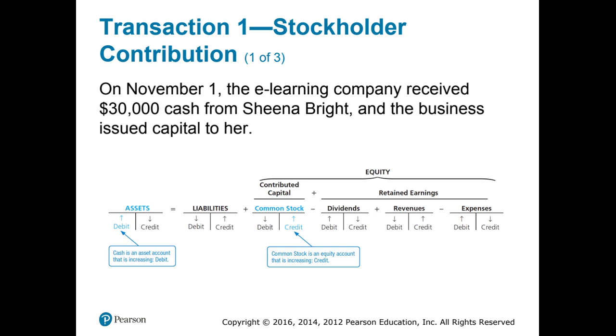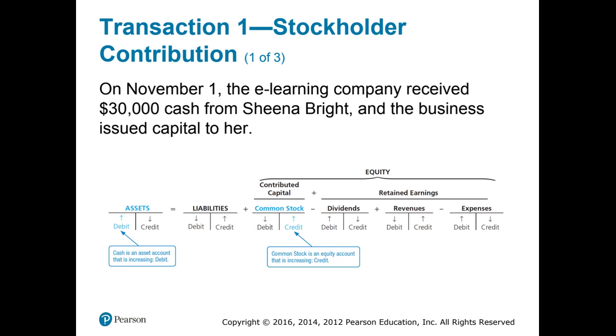Cash is going to increase. And then we received it from Sheena Bright, and we issued capital to her. So common stock is going to be the account that's affected, and we're going to credit that account to increase it as well.